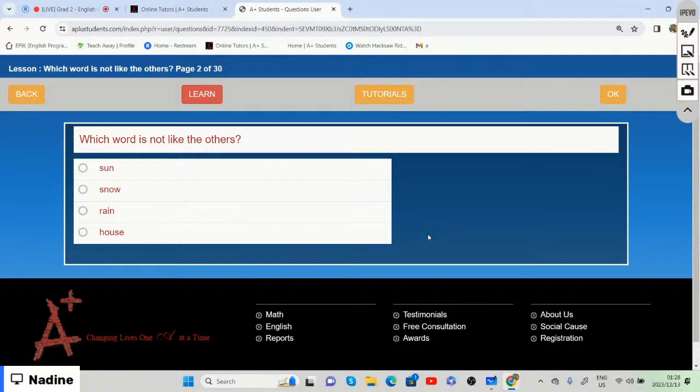We need to select the word that is not like the others.